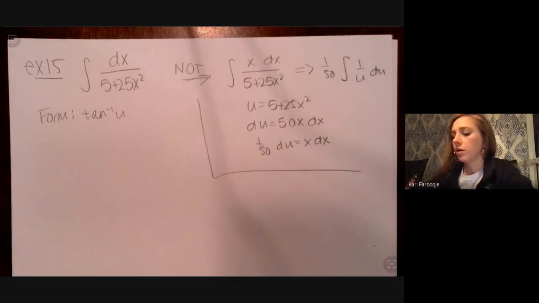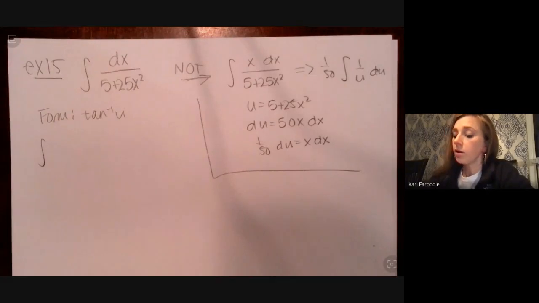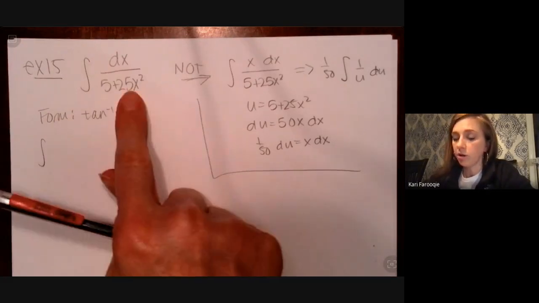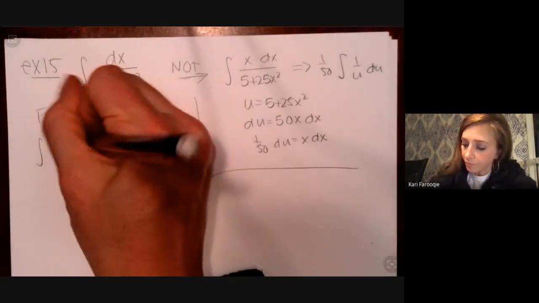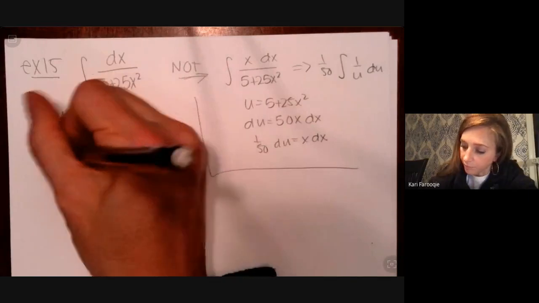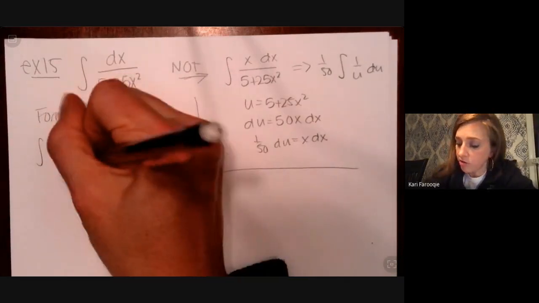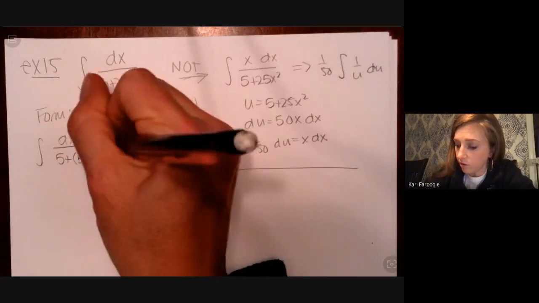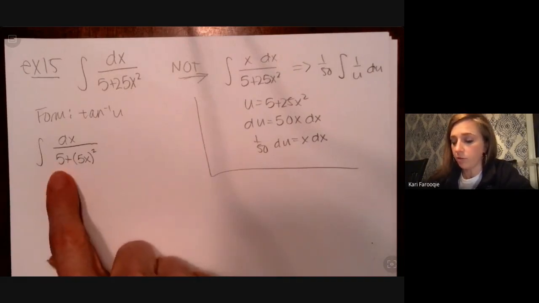You might want to rewrite this so that you can actually show that there's a quantity being squared. We can rewrite 25x squared as the quantity 5x being squared. And that's going to help us to get where we need to go. But first, we need to make this a 1.